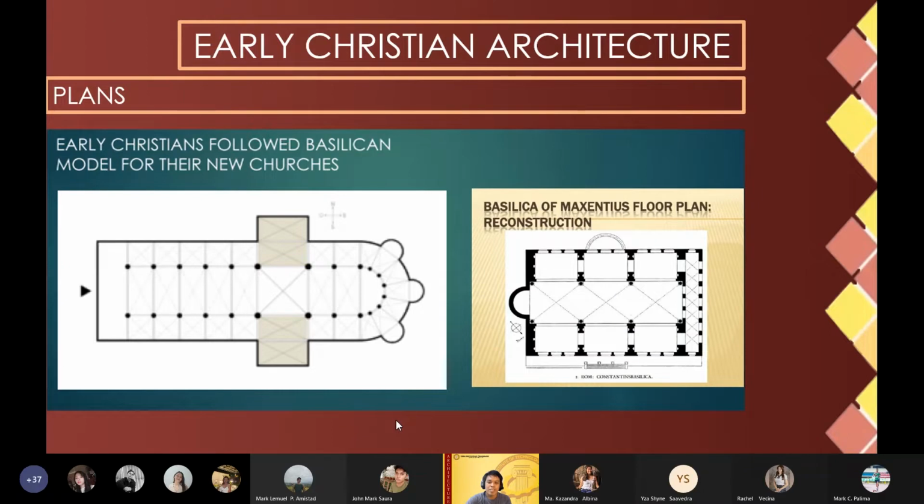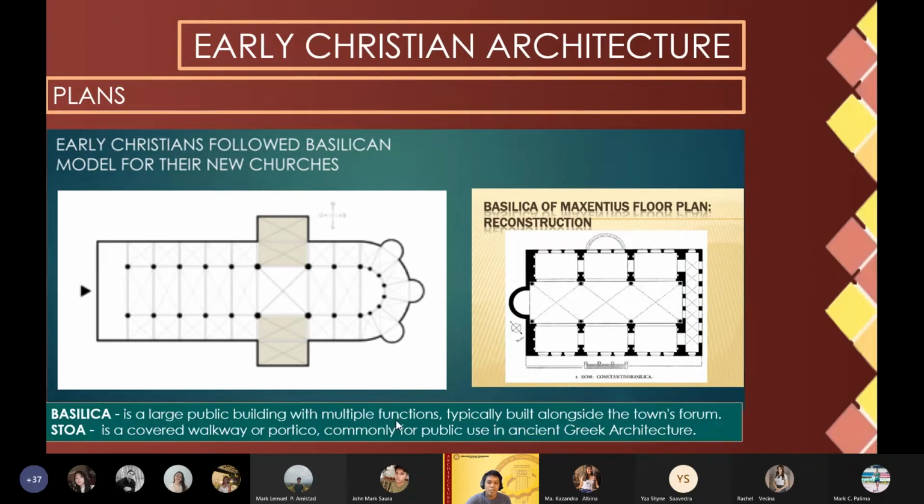If you go back to your Roman architecture, a basilica is a large public building with multiple functions, typically built alongside the town's forum.